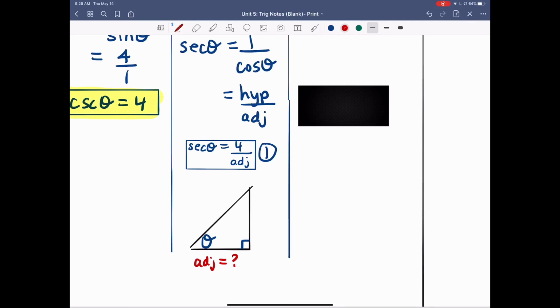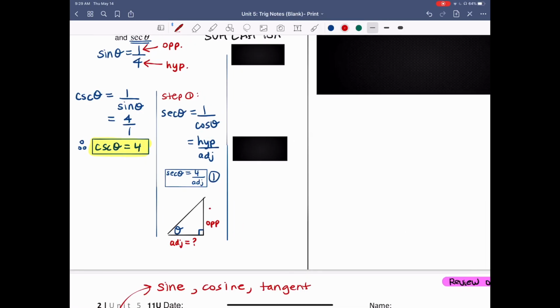And meanwhile, that side is the opposite. And do I know that value? I do from the original question. And meanwhile, I also know the 4 for the hypotenuse. The hypotenuse is 4. So when you take a look at this diagram, you should be noticing that you have a side, and you're telling me I need adjacent.